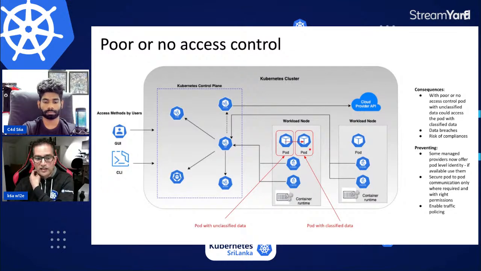If it was unencrypted, the person or the system accessing that pod can access that data very easily. So poor or no access control with unclassified data in the pod with classified data means this pod can access anything in the other pod.